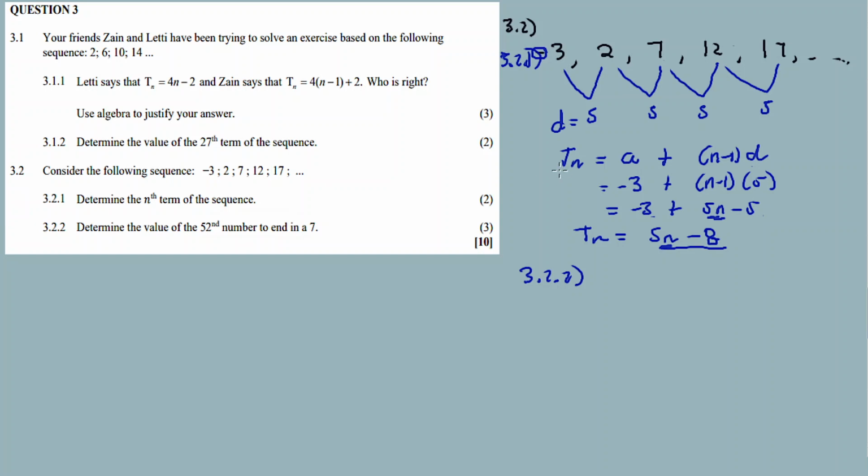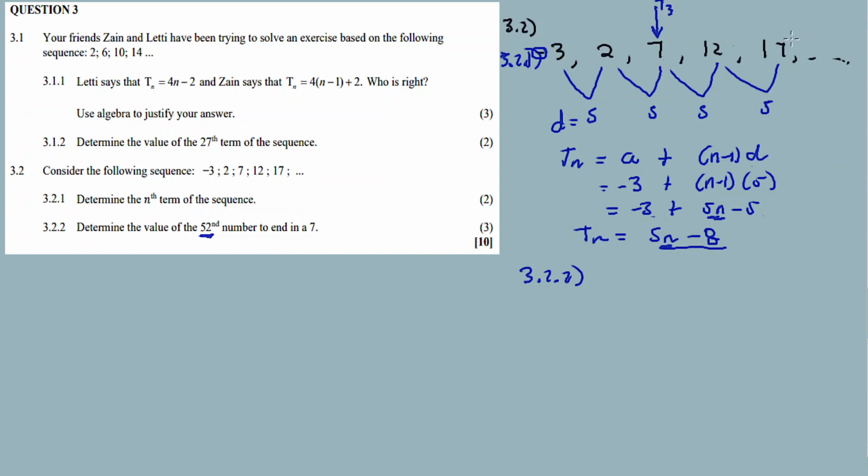Alright, we need to isolate several terms from our number pattern. But we want the 52nd number to end in a 7 in the pattern. The first number ending in 7 is term number 3.